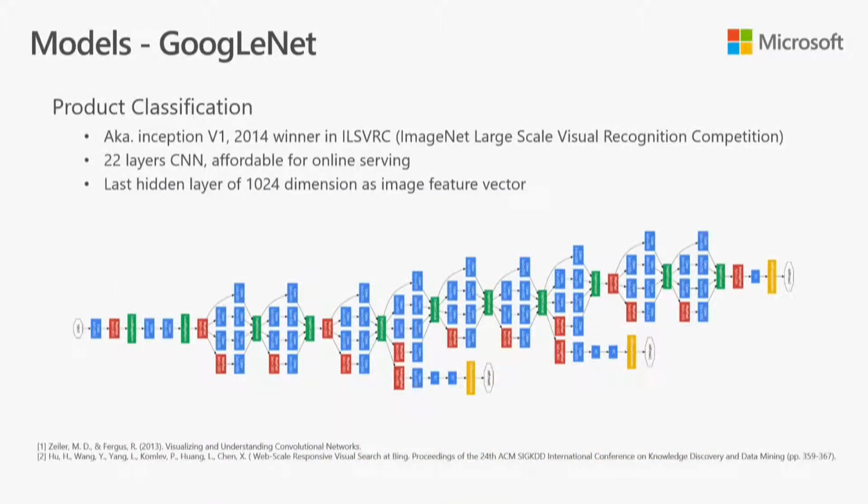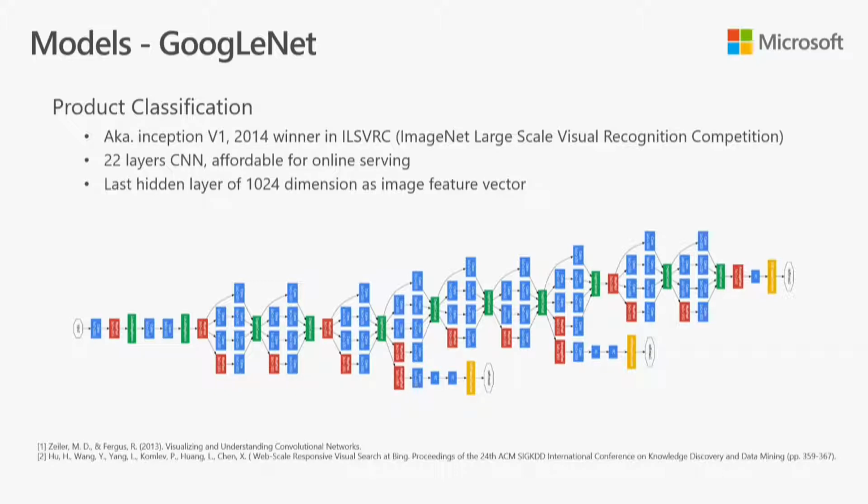We train a lot of models, and I will give examples for several of them here. One is the GoogleNet model for image classification. The GoogleNet model is not new to us. It is also known as Inception version 1.